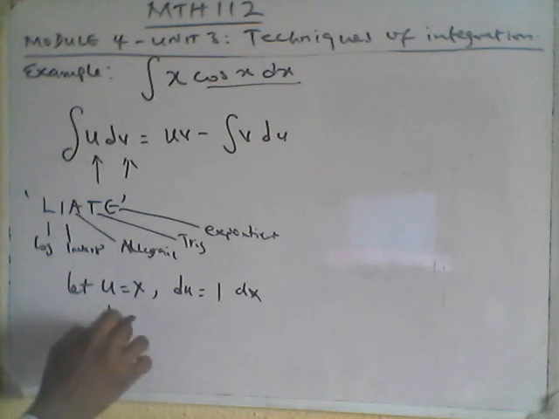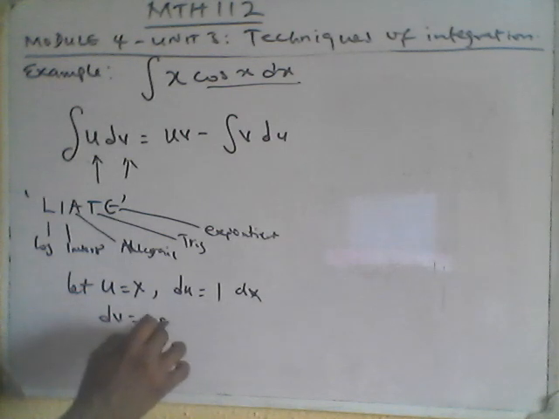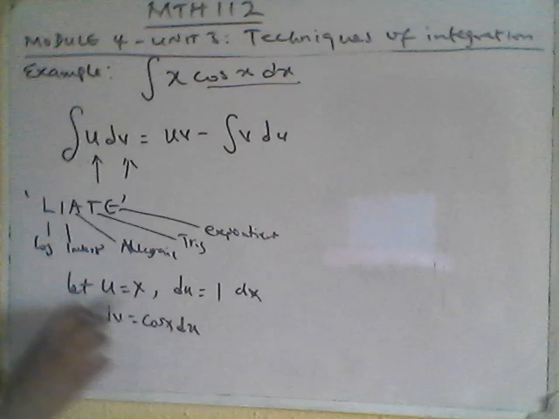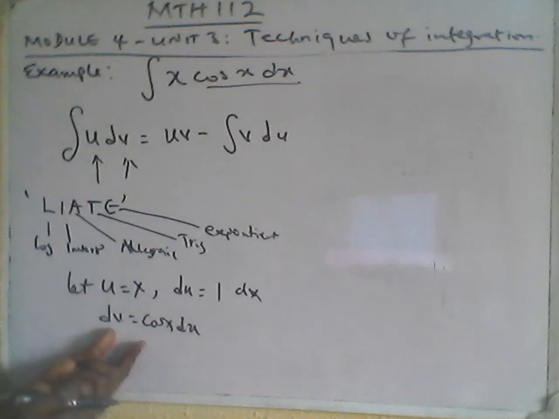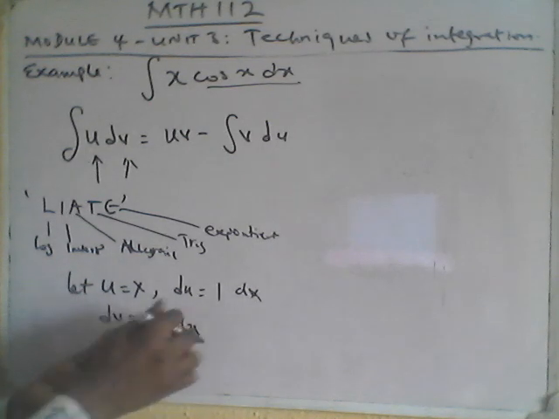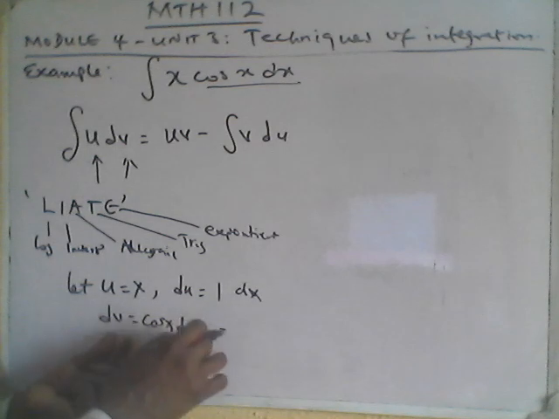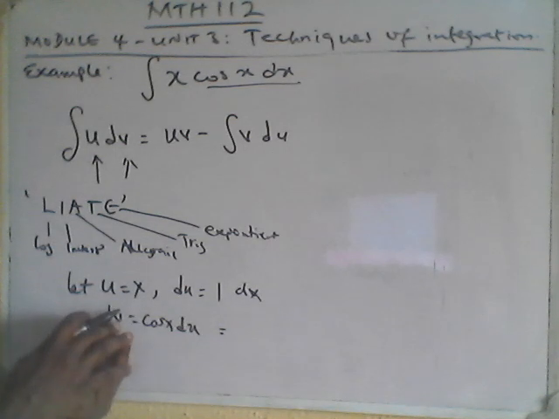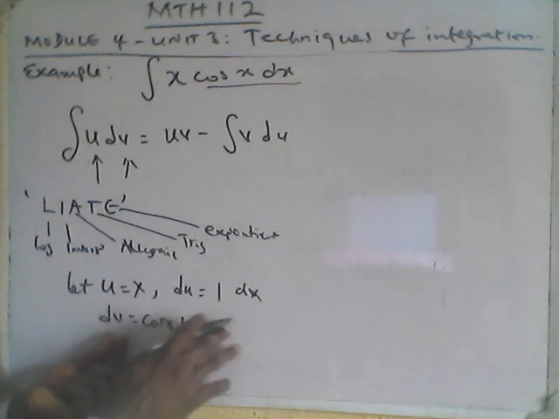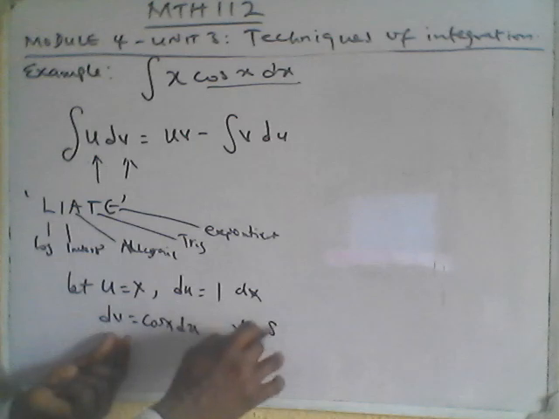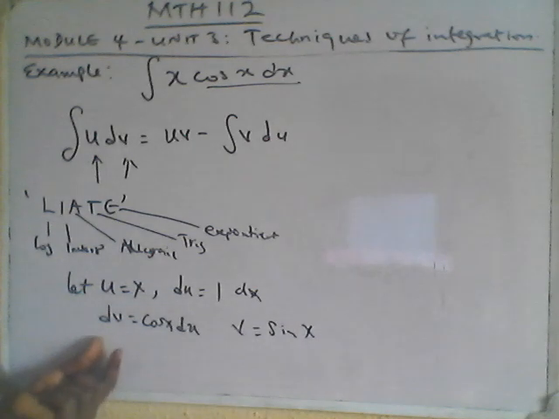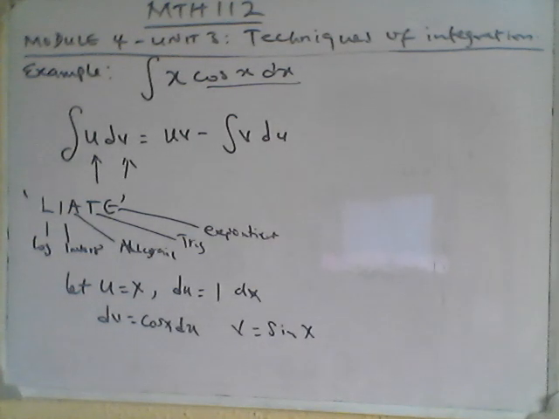So dv is the same thing as cos x dx. So I'm choosing u and dv. From there I can get v. If I integrate dv, I will get v, right? So my v will be sine x, from integration. My v will be sine x, right?